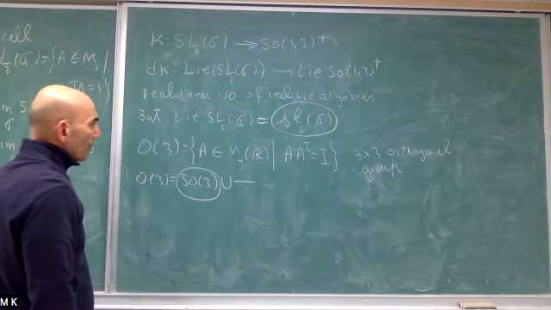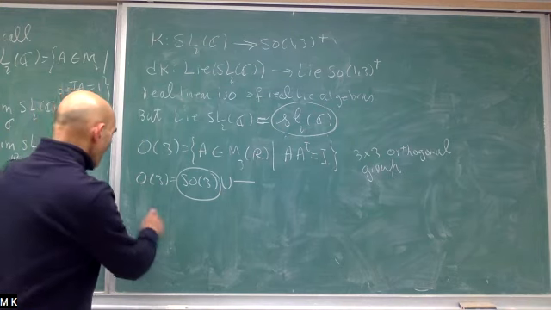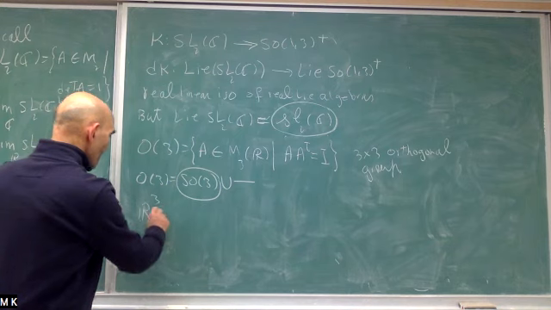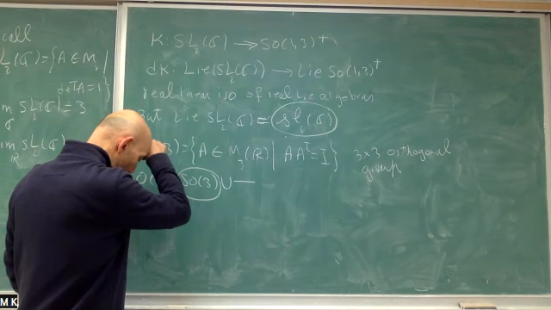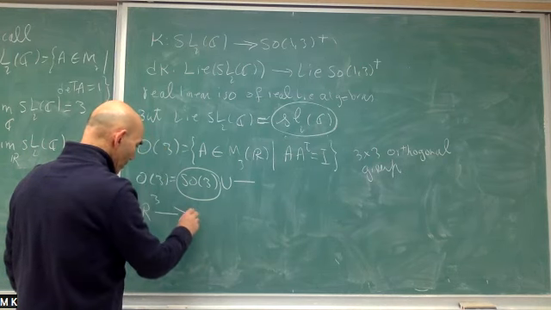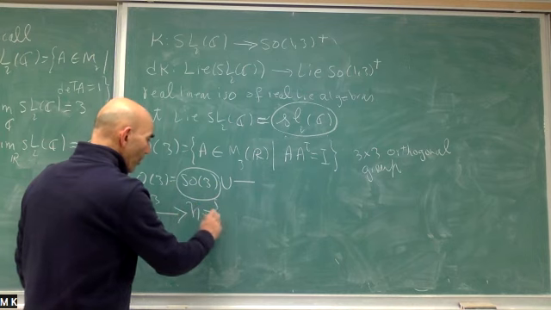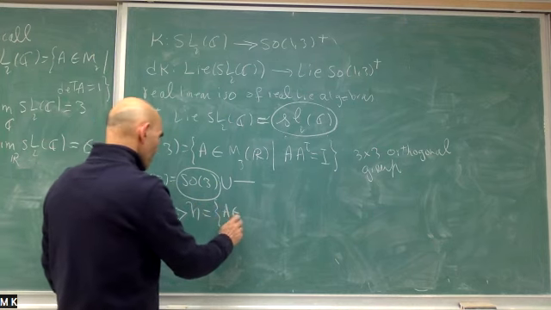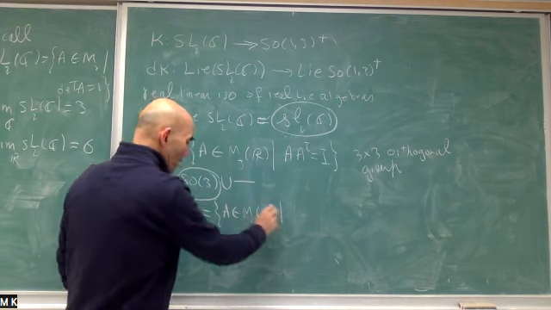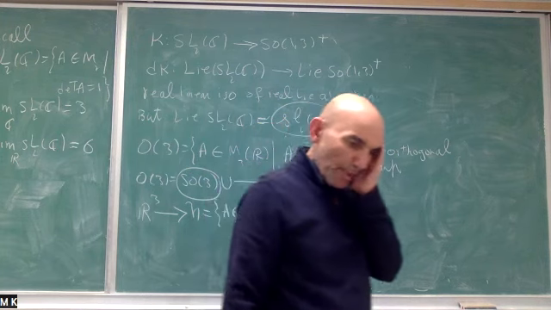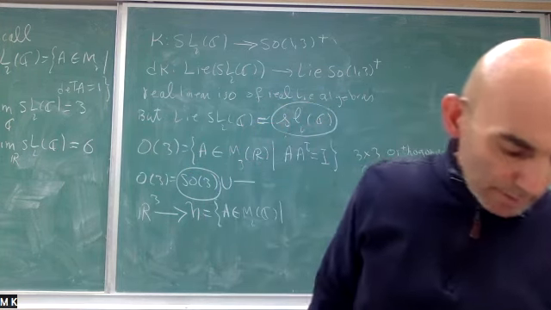So now we are going to define a map from R^3 to, maybe we can just call it H. The space H is the set of all A belonging to M2(C), Hermitian 2x2 matrices that have trace 0.